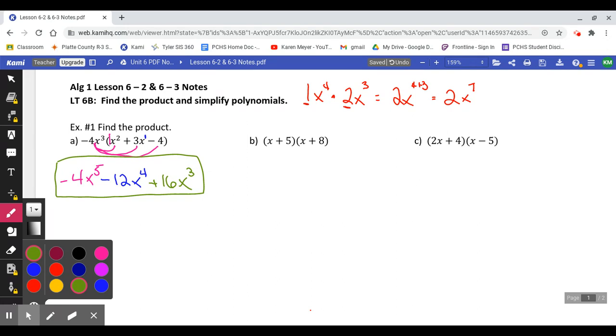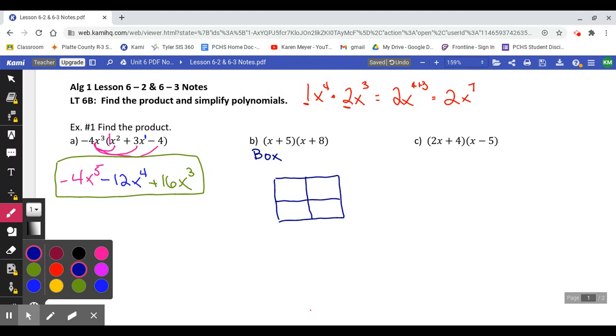Now, the next type of problem we have is ones that have two sets of parentheses. And to help us with the ones with two sets of parentheses, we are going to use multiplication with a box. So what I want you to do is draw yourself a box here. And we're going to split the box into 4 sections.